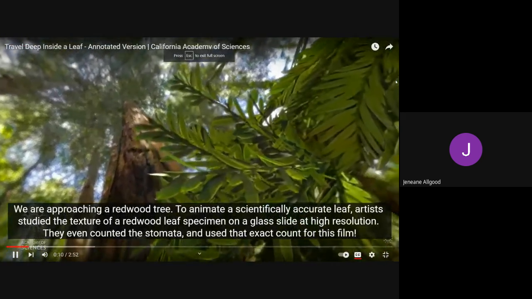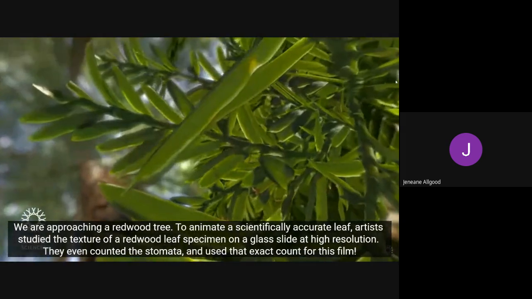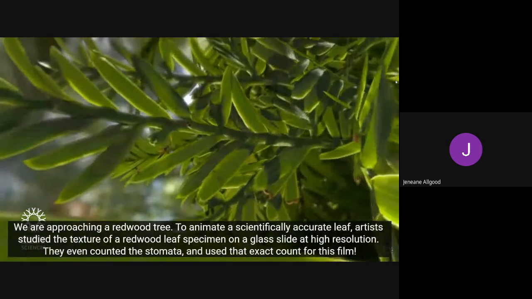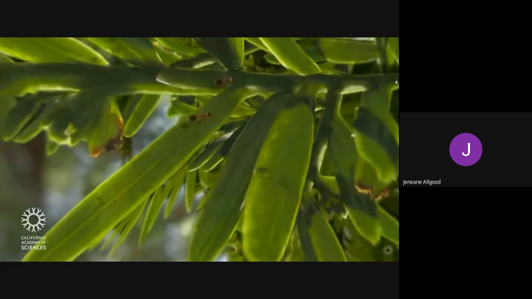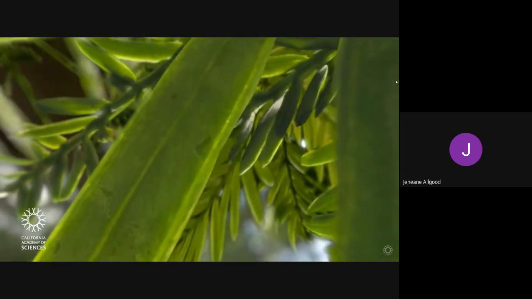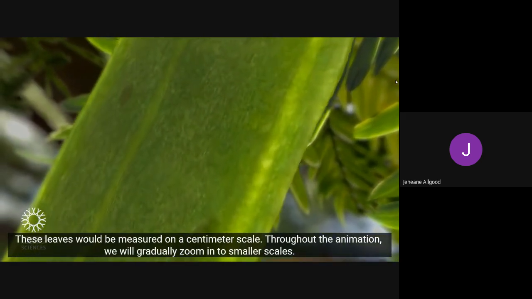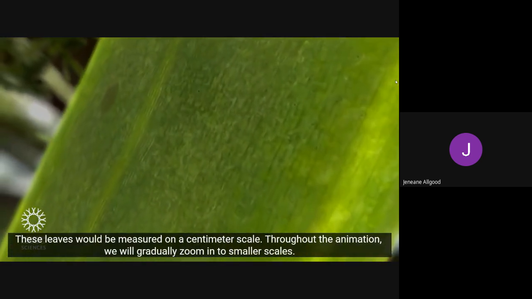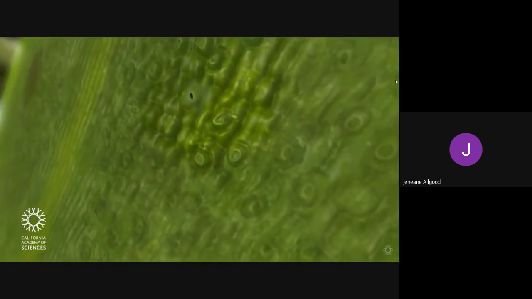They're approaching a redwood tree, and they tried to make this as scientifically accurate as they could. Notice they are going from the underside of the leaf, because that's where your stomata are. So there's all the little stomata.